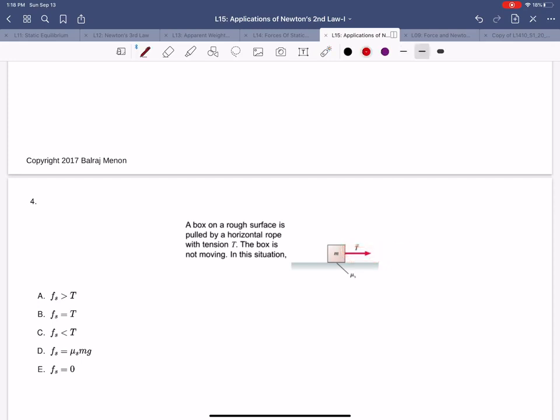There must be the frictional force acting in exactly the opposite direction, with the same magnitude as the tension, and in fact that force is going to be the force of static friction. So the correct response here is F sub S is equal to T.